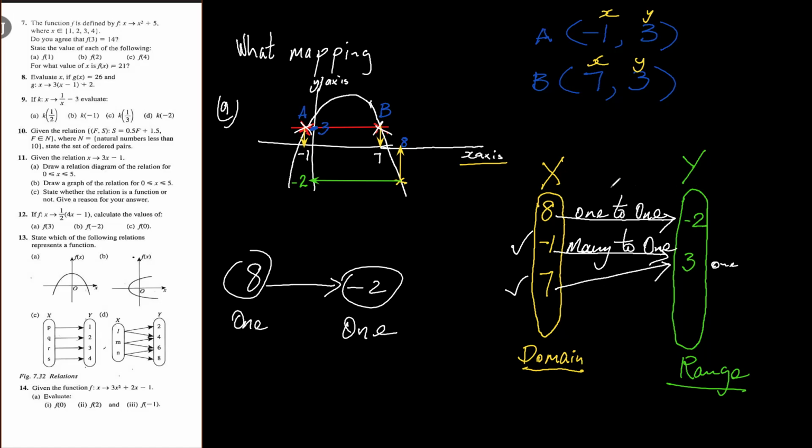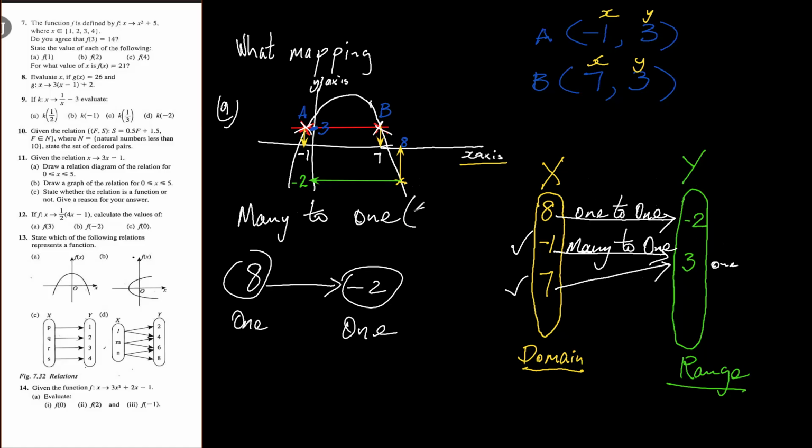Now we have a 1 to 1 and a many to one. So this mapping is called a many to one. Even though there's a 1 to 1, we define it as a many to one mapping. So anytime you see a graph like a curve turn up or down, it is a many to one.